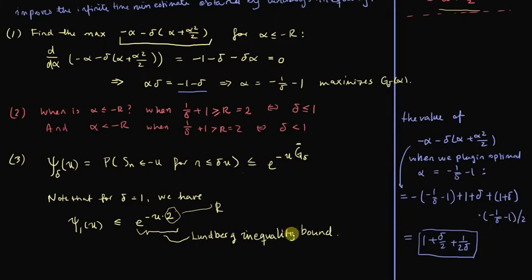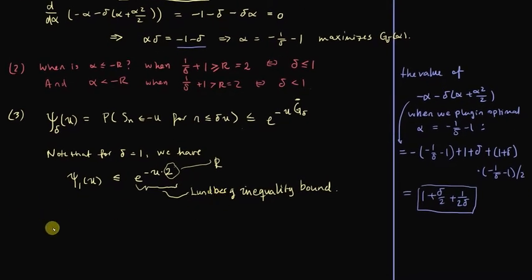The interesting thing now is what happens to this bound when I let delta become strictly smaller than 1. What if delta is strictly smaller than 1? Which also means if alpha is different from R, as is asked in the exercise.